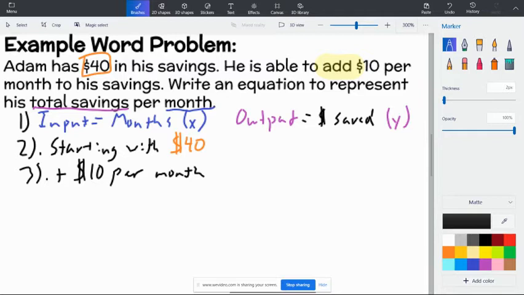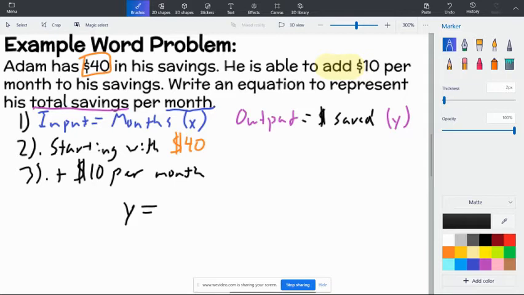month. If you look back up a little bit to that top section, it says how much plus or minus per something. Okay, so remember, per is always going to be multiplication. And what we're going to do here is use a pretty standard formula to show what the equation will be. Our output, y, will generally be by itself.